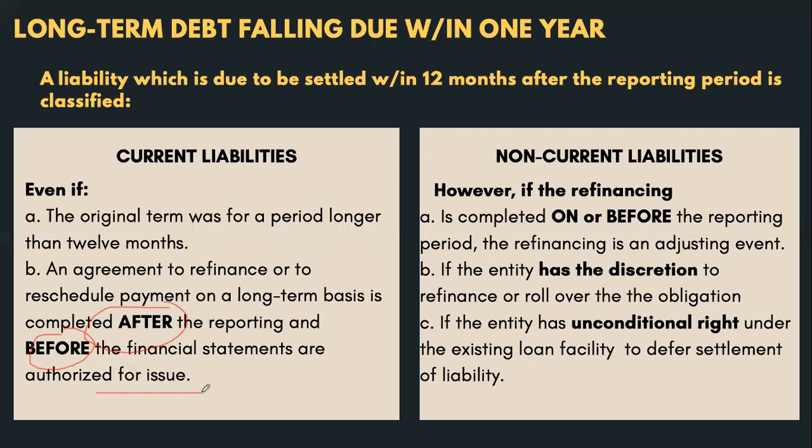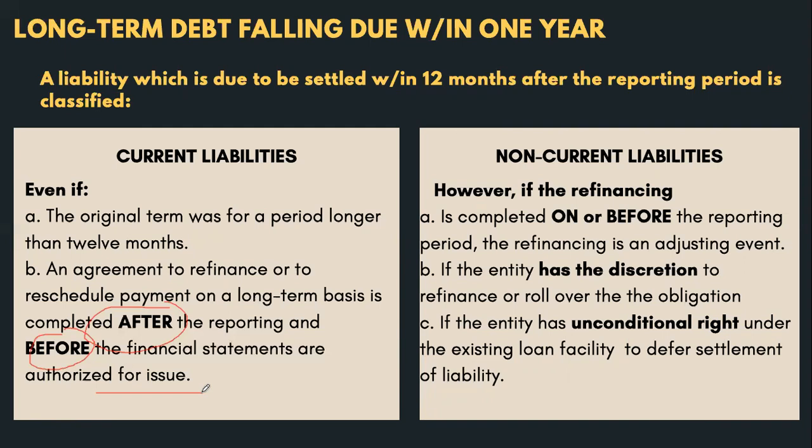So current liabilities siya, say agreement to refinance, di ba? Oh, so nagsabot si borrower og si lender nga pwede ko mohangyo nga di man ako kaya mabayaran, pwede ta mag-agree, pwede na to i-refinance na i-reschedule na to ang payment. So actually, pwede siya. But the question is, kanus amo nag-agree? Kanus amo nag-refinance?